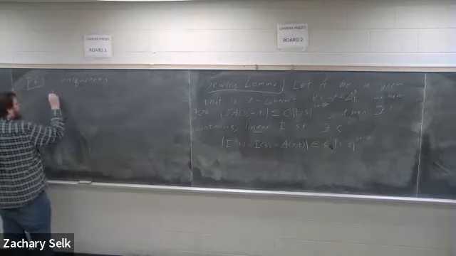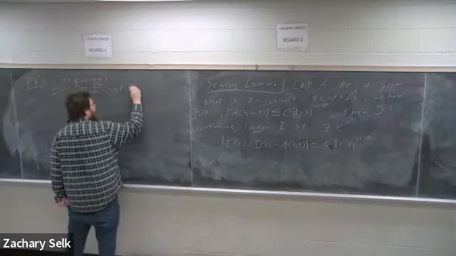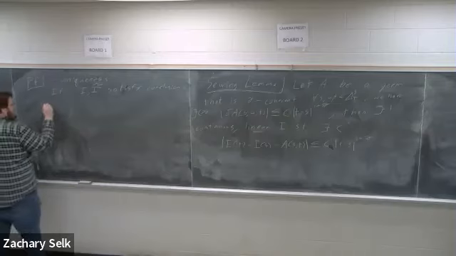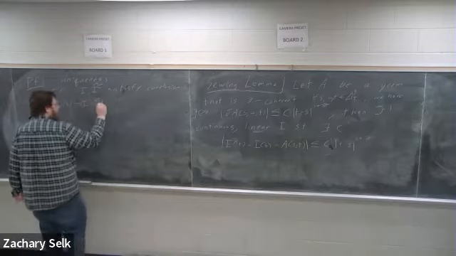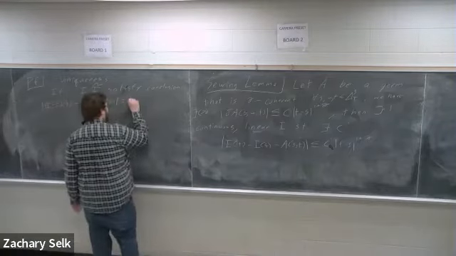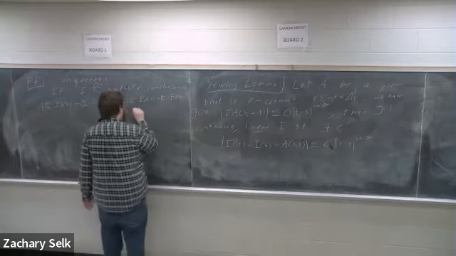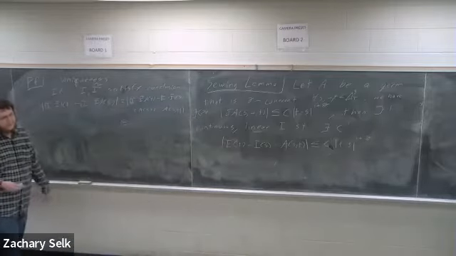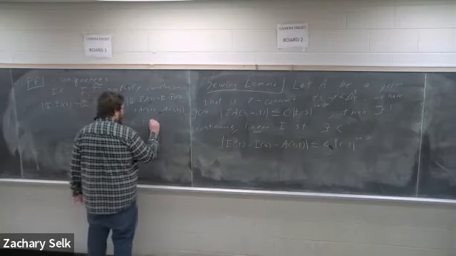If I tilde also satisfies the conclusion, then consider I of T minus I of S minus I tilde of T minus I tilde of S. Then we can add and subtract A of S, T. Do the triangle inequality with that difference, apply the conclusion, and we get C times T minus S to the 1 plus gamma.